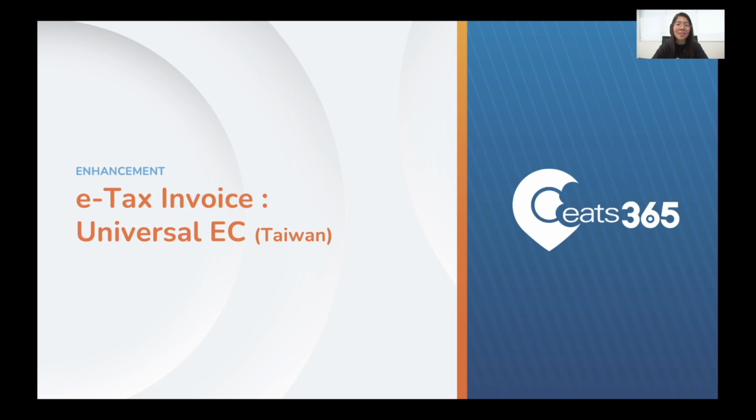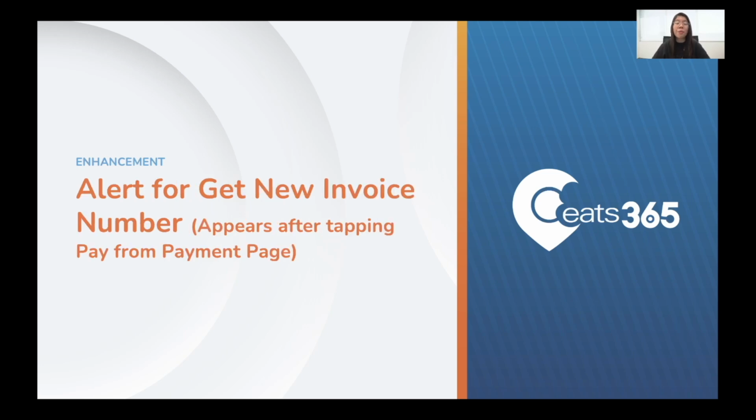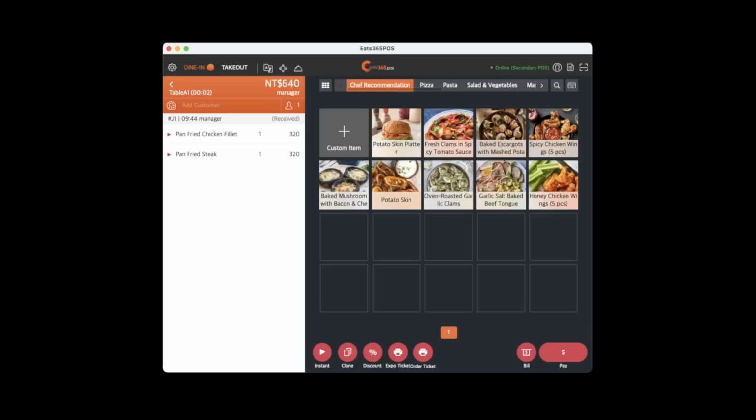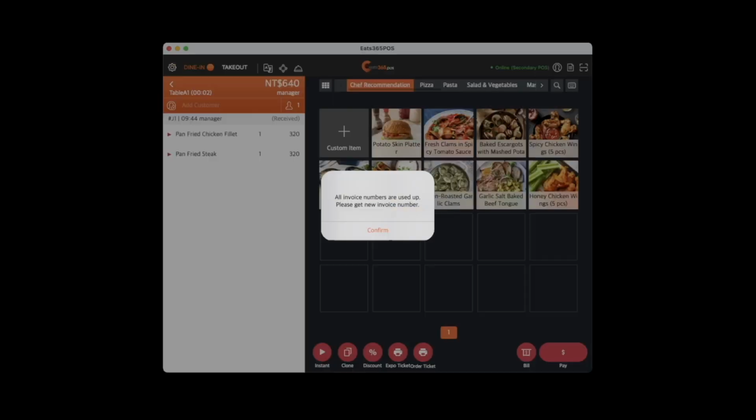Another enhancement for e-invoices is regarding the alert for obtaining a new invoice number. Previously, if your POS had no remaining invoice number, your staff couldn't access the payment page because an alert would pop up when clicking the Pay button in the cart, reminding you to get a new invoice number.